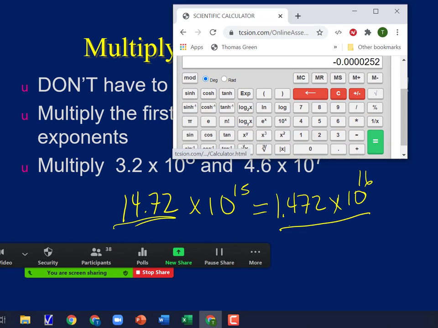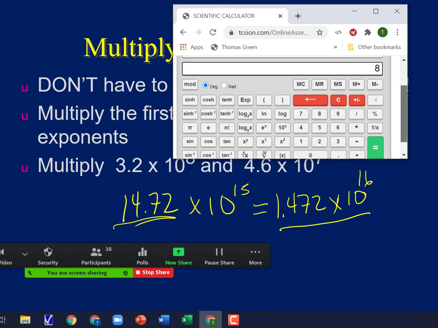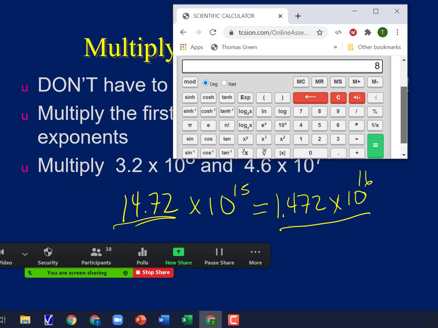So I need to push clear to get rid of everything. 3.2 EE or EXP 8, my calculator's written that up there, and then I want to multiply.